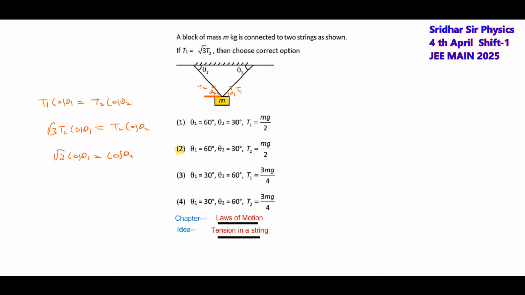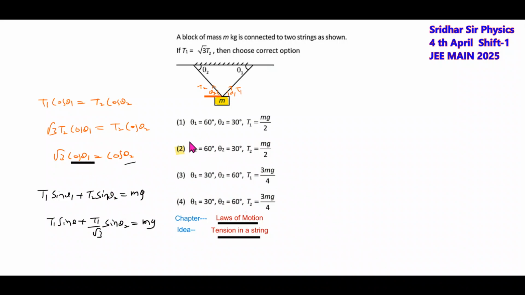Then along the y-axis, T1 sin theta1 plus T2 sin theta2 equal to mg. T1 equal to root 3 T2, or T2 equal to T1 by root 3. Okay, now make a guess.